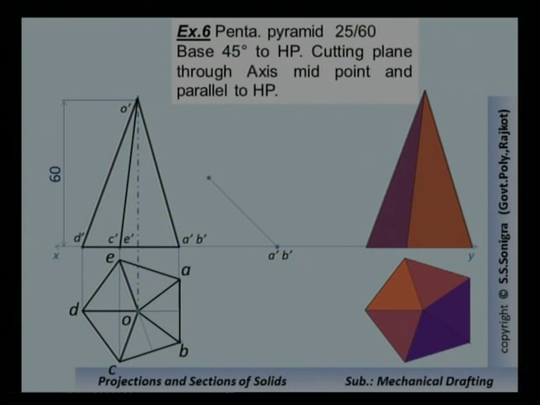So draw a line at an angle of 45 degrees with the XY line, name the points A dash, B dash, C dash, E dash and D dash like this, and transfer the points by measuring the distance from the front view and redraw this triangle like this and transfer the respective points.